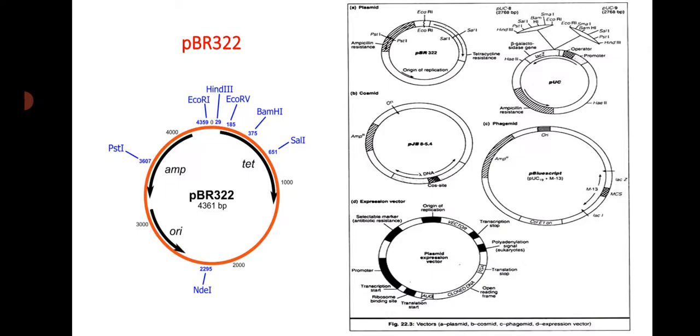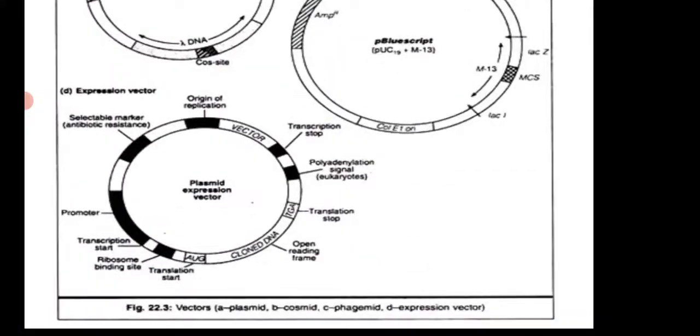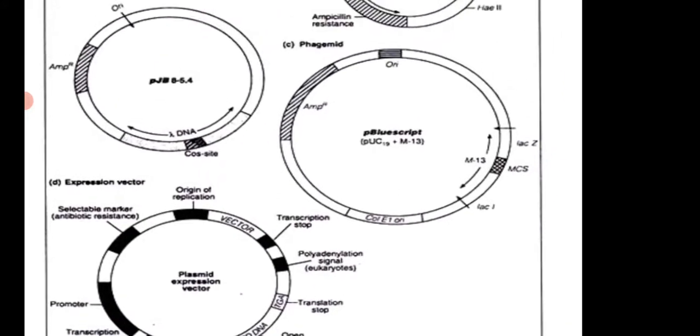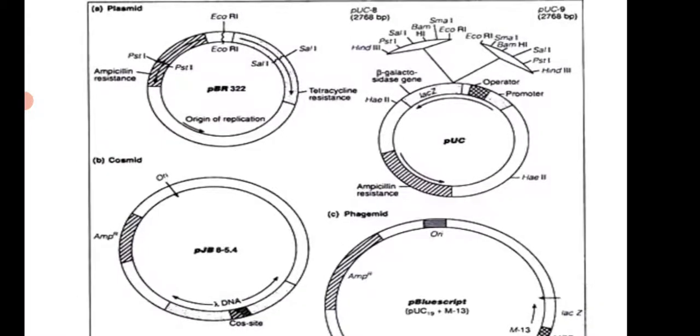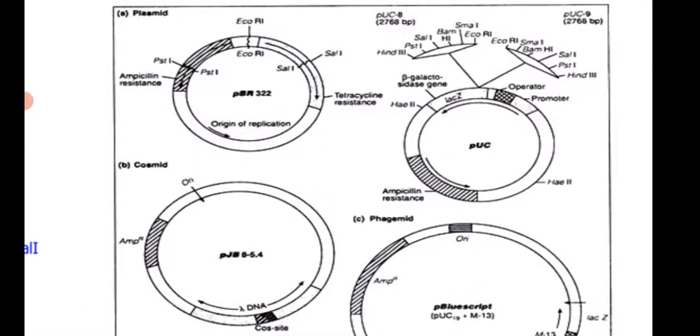So here are also some of the vectors. A is a plasmid, B is a cosmid. See, this first one is a plasmid, and this is also a plasmid: pBR322 and pUC, the plasmid of University of California. These two are plasmids.